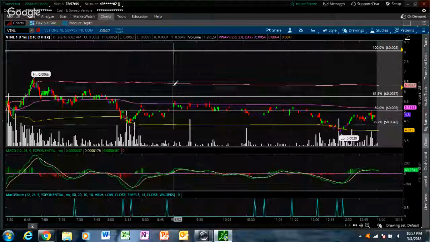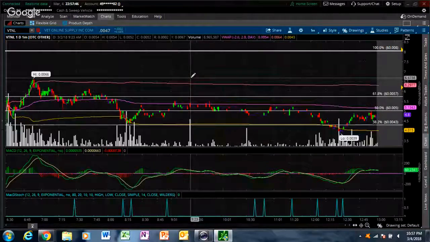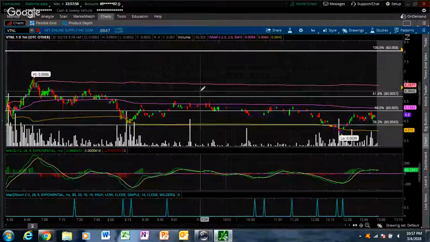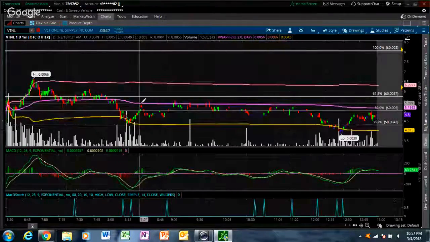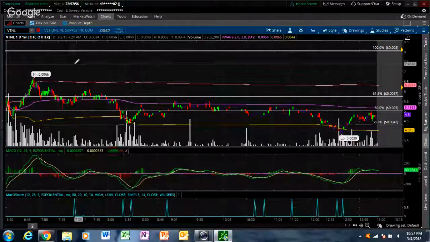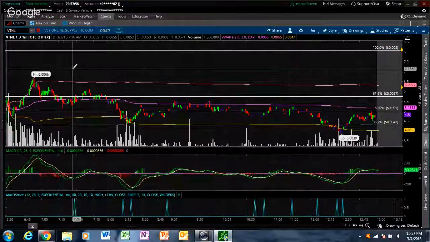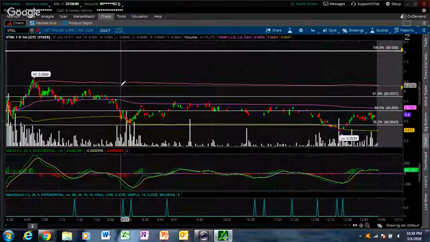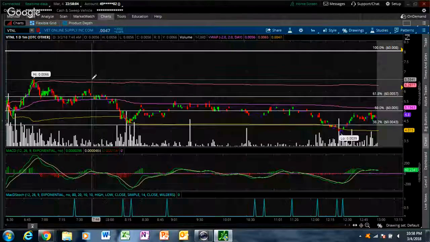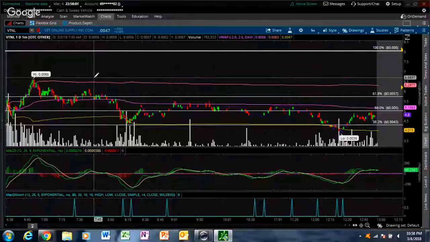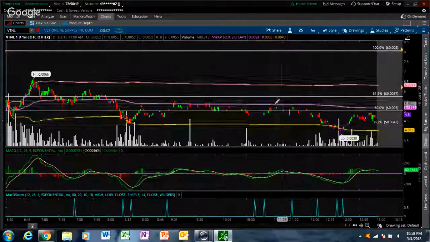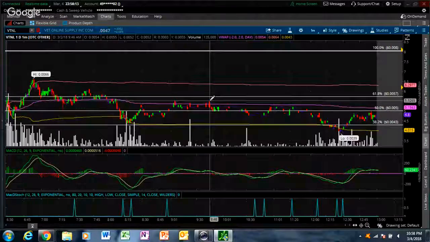Basically, what is VWAP? VWAP is volume weighted average price. What it does is it takes into account during the day every single transaction. So every single buy or sell, it takes into account the amount of shares times the price that those shares were traded at, and it takes into account every single one throughout the day up to whatever the current point you're looking at.